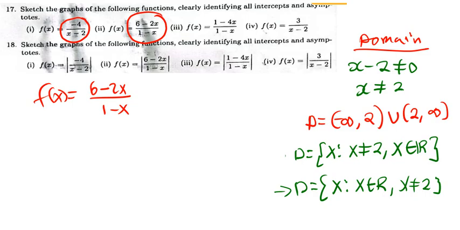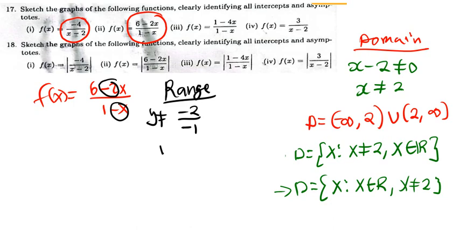Therefore, the range in that case, you divide the coefficients of those x having those powers we are talking about. In this case, the coefficient of this one is negative 2, here negative 1. So the range will be y not equal to negative 2 divided by negative 1, which is just negative 2. If you are not okay there, let me know so that I repeat myself.